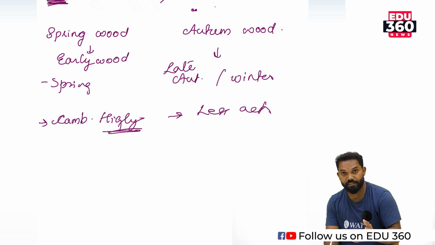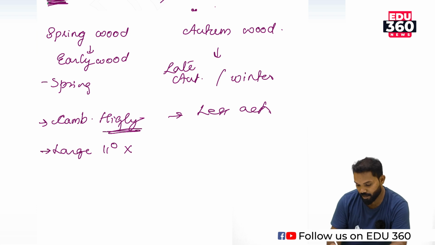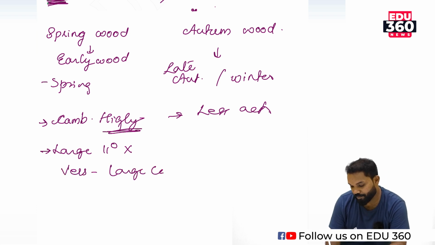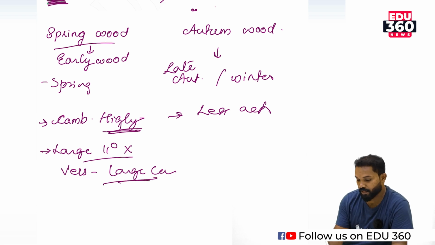When the cambium is highly active, it produces a large number of secondary xylem having vessels with a large cavity. The vessels with large cavities are formed during the spring season, and that is known as spring wood.